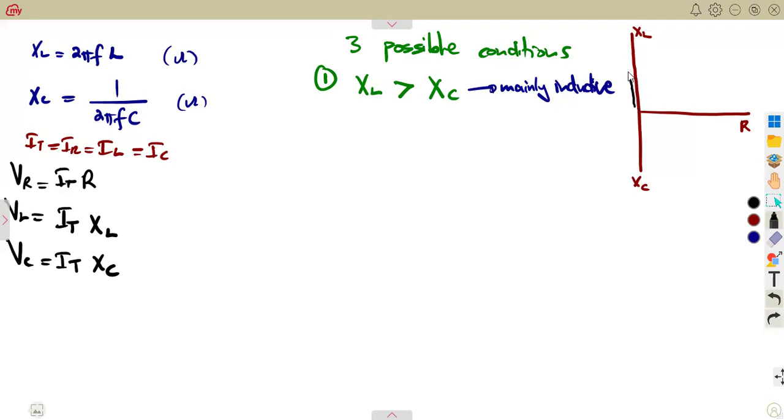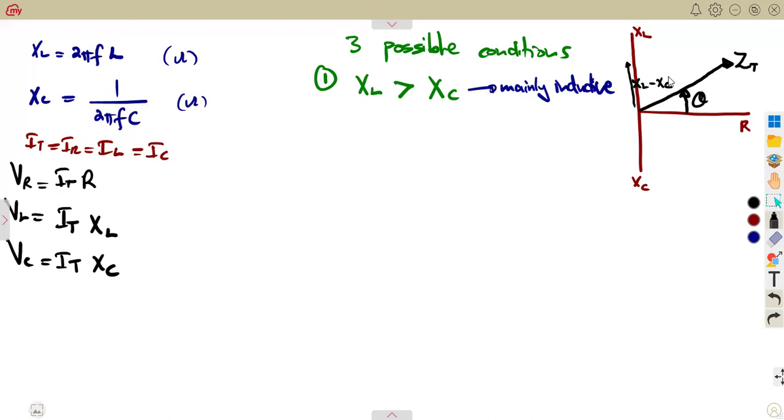The difference that we have here is XL minus XC, which is the one that corresponds to the total impedance, separated by the angle theta, because we are talking of being more inductive. So we are going to have this on top, as when you dealt with RL.